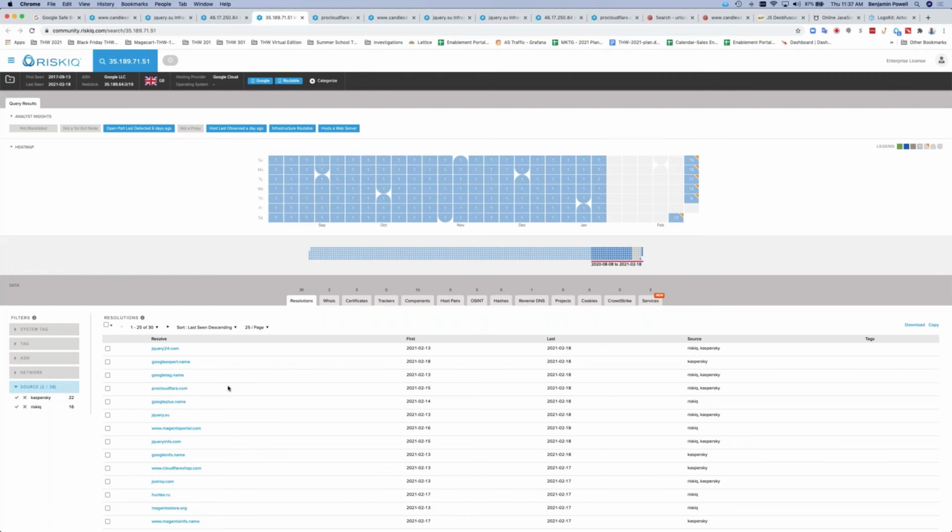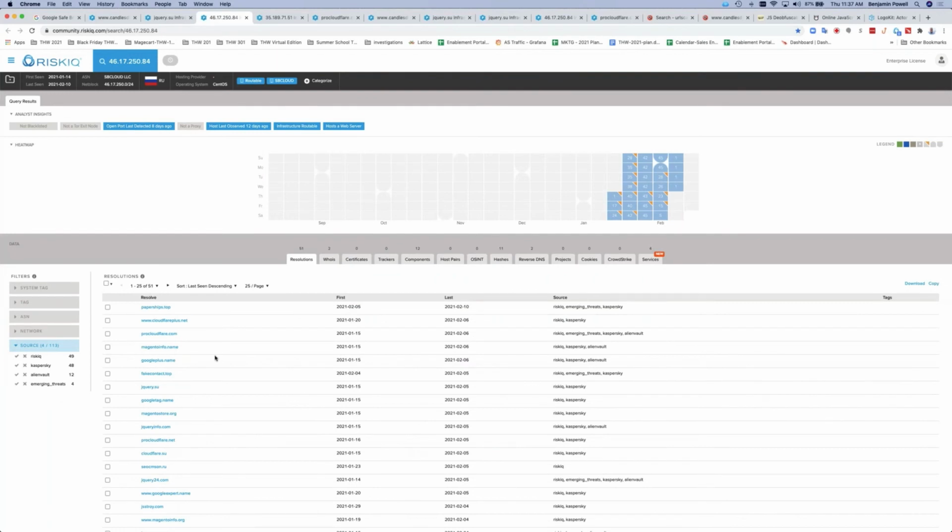I looked at an IP address that was in Russia, and now I'm seeing all of those same domains on completely different IP addresses in a different country. So it's jumping around, but there's a big list of them here. There's 30 of them, and if I go back here, there's 51 of them. So this gives me an indication that there might be a lot more infrastructure associated with this threat actor, okay?